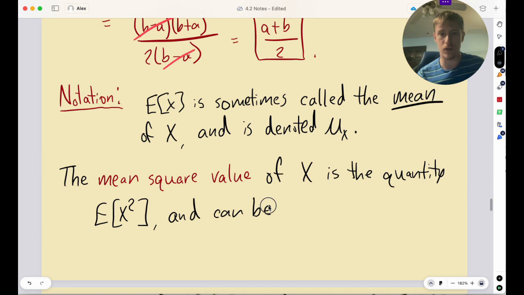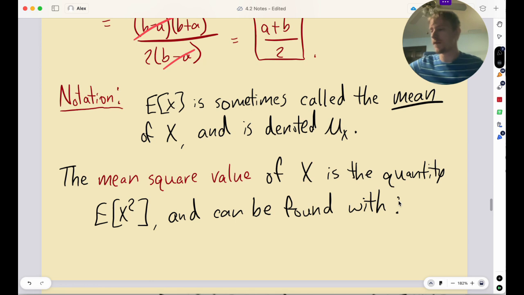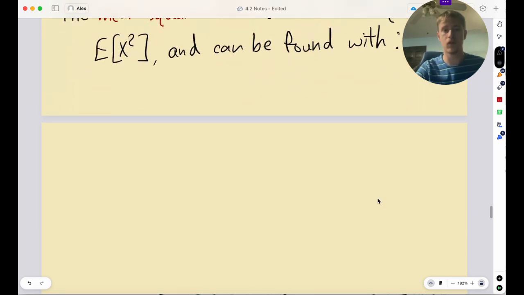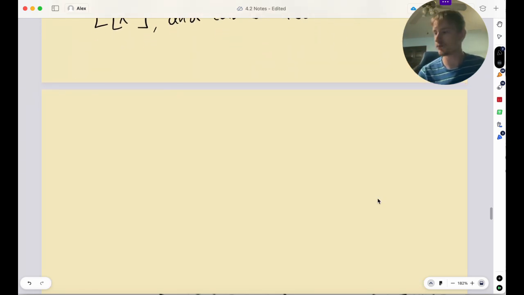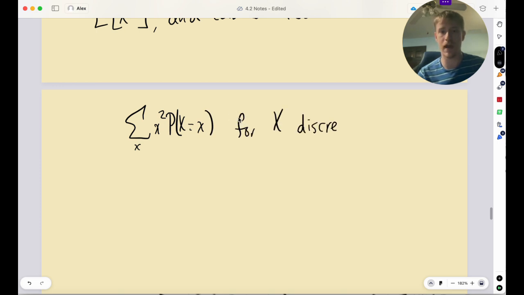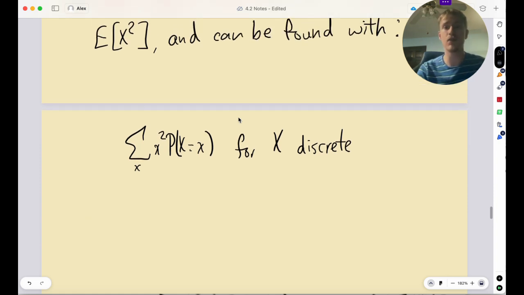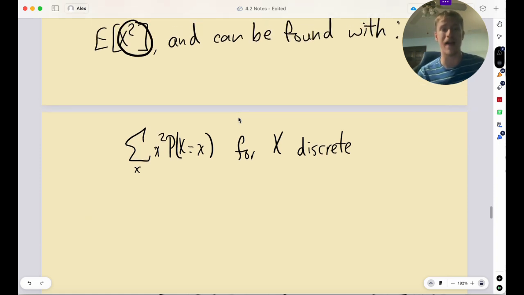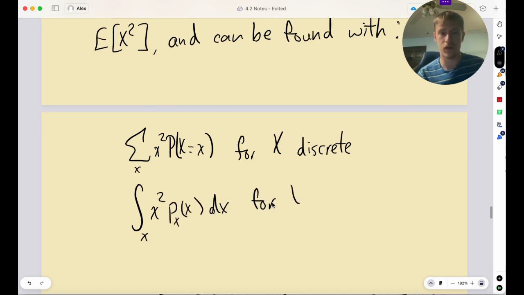It can be found either like that for x discrete, as we discussed in the previous episode, or now with the continuous case. The continuous case also says that if you have a function of x, you can just replace it in the integral, multiplying that times the probability density function for x continuous.